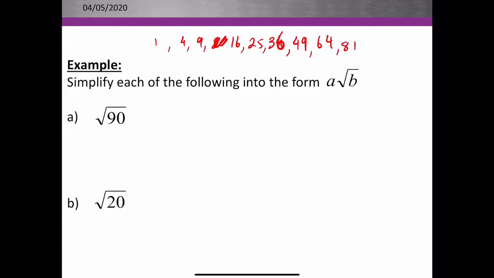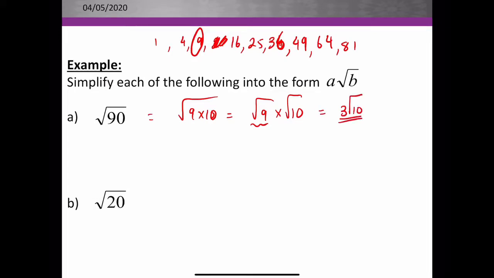How many times does 9 go into 90? 10 times. So that is why we're going to break it down to 9 times 10. So square root 9 times square root 10, which will give us 3 root 10, and that's it.